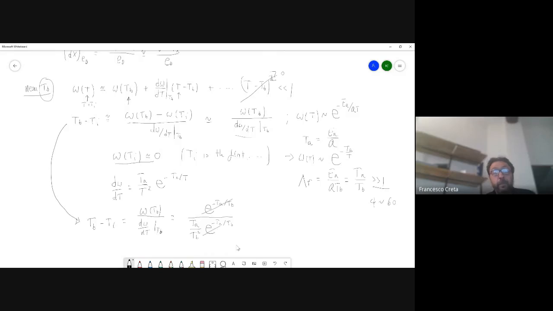So whatever dependence on pressure you have, or equivalently in concentration of the reactants, it cancels out. So essentially here you have an expression for TB minus TI, which is essentially TB squared over TA. Bear in mind that this difference is small, essentially because TA is extremely large.